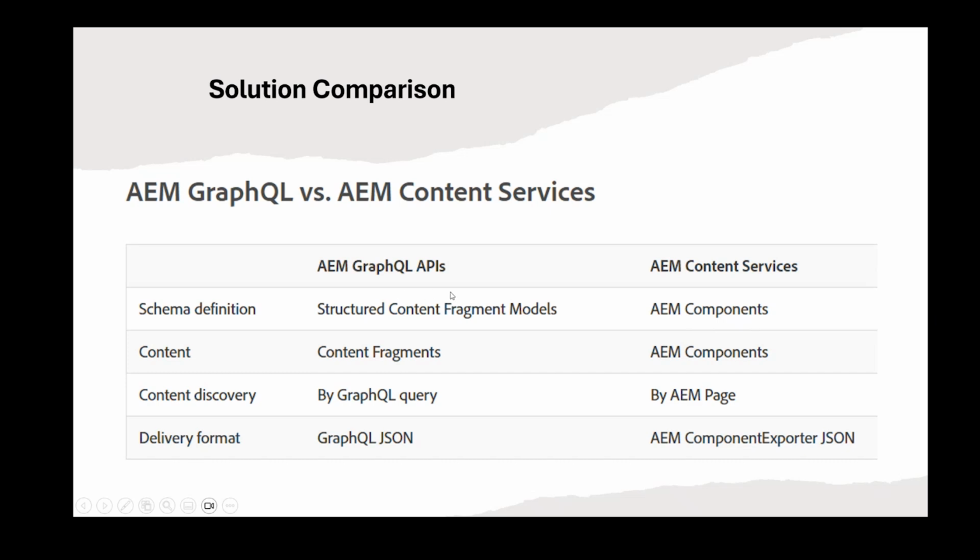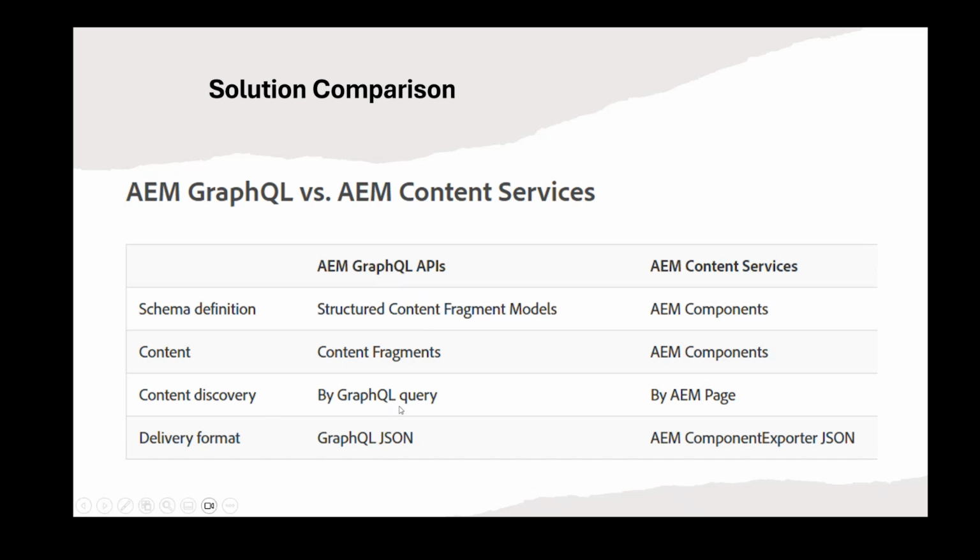The AEM GraphQL API places all the content in the content fragment itself, and from there we are pulling it out. So it is based on the models. Content fragments are the base to pull out the data from GraphQL. However, content service is totally based on components.